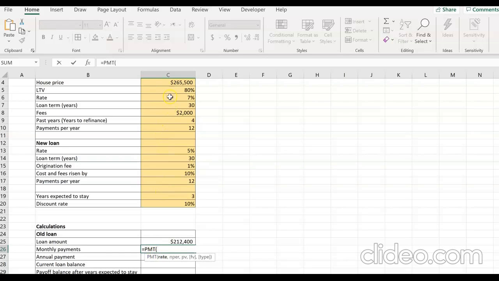Then I calculated the rate, divided by 12 months per year. And we have the loan terms, years, multiply by the loan amount.